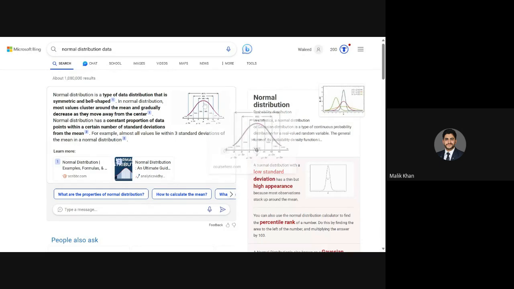Yes. So mean will be here. Where will the median lie? Yeah, median will also be over here, the 50 almost, right? Over the top.